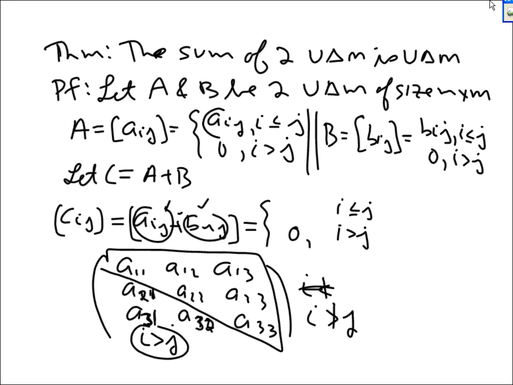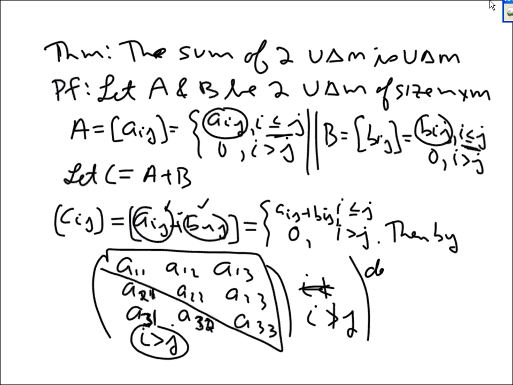You're going to get Aij plus Bij when i is less than or equal to j. But then we can say, by definition of upper triangular matrices, A plus B is an upper triangular matrix.